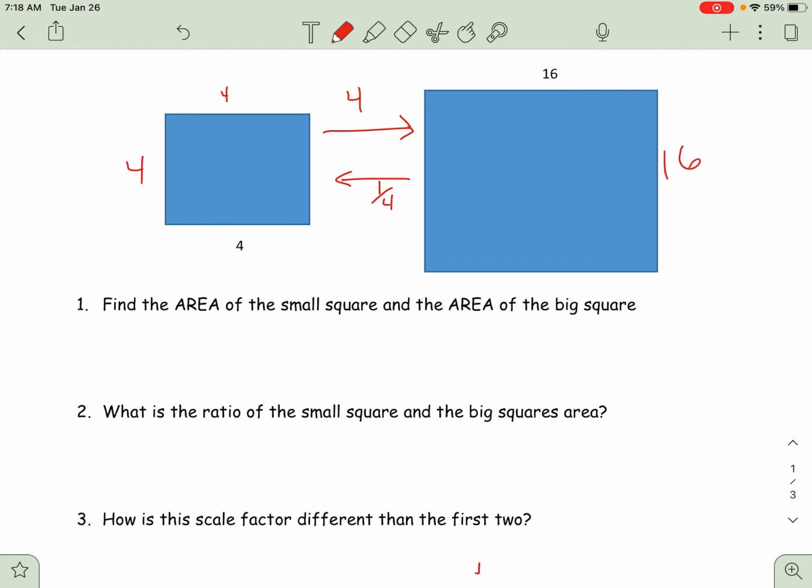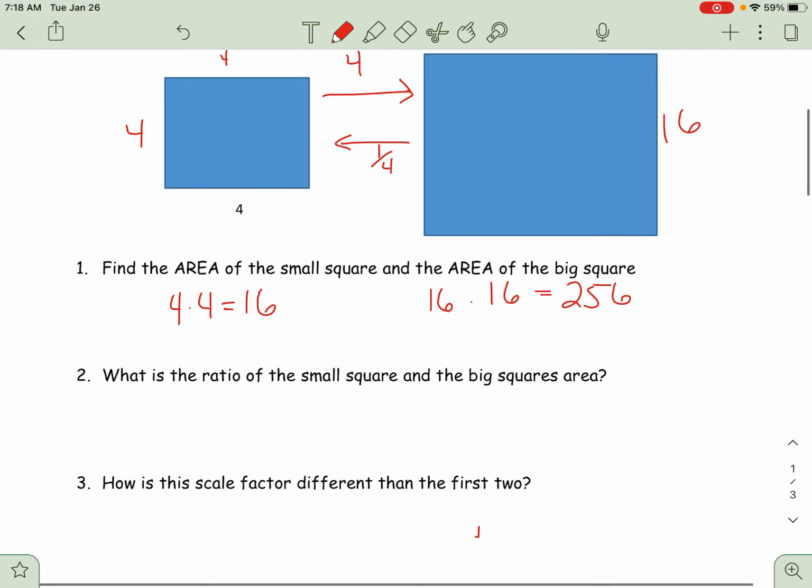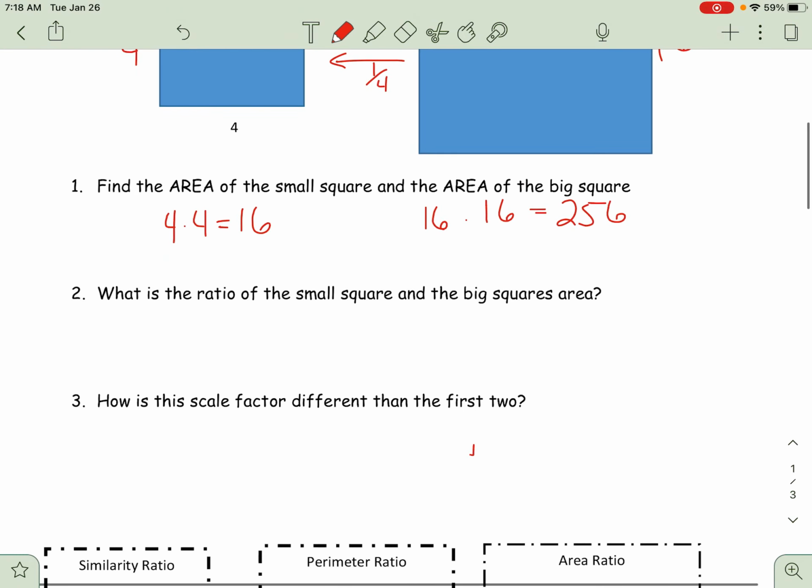We know that they're squares, so their sides are 4 and 4, and 16 and 16. This one is 4 times 4, which is 16, and this one is 16 times 16, which is 256. So what is the ratio of the small square's area to the big square's area?